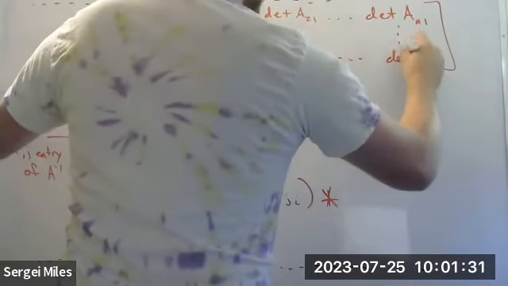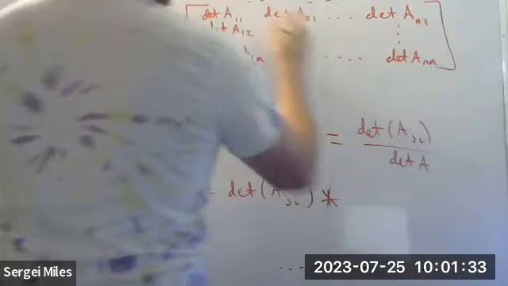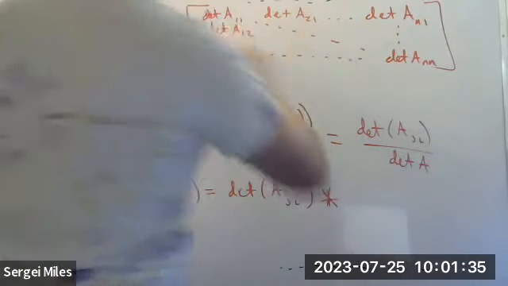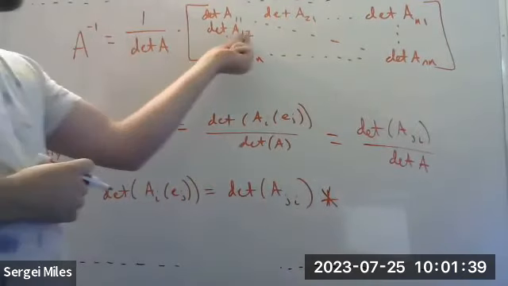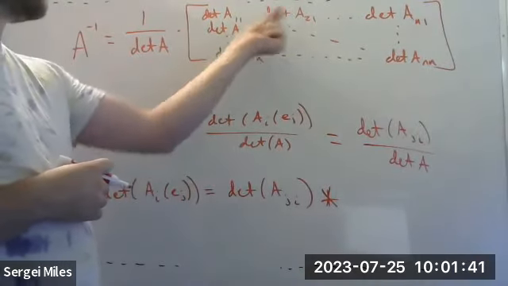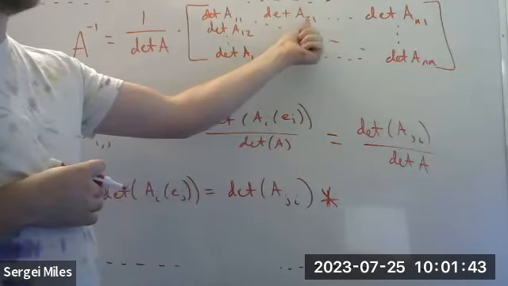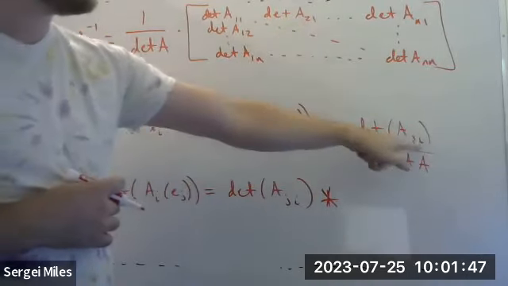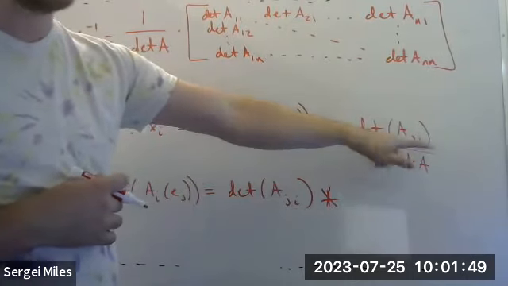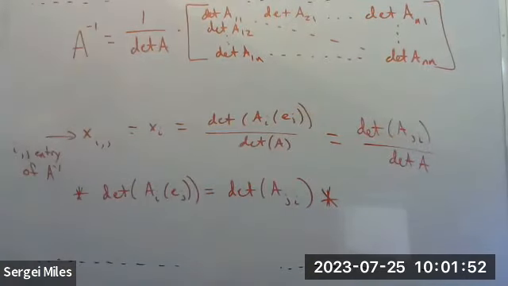We have determinant of A n,n, and so on. You'd fill in the rest. But you can see here, again, if you're trying to find the ij entry of the inverse matrix, that means you're taking the determinant of A ji instead of ij, right? Those I and J's flip here.